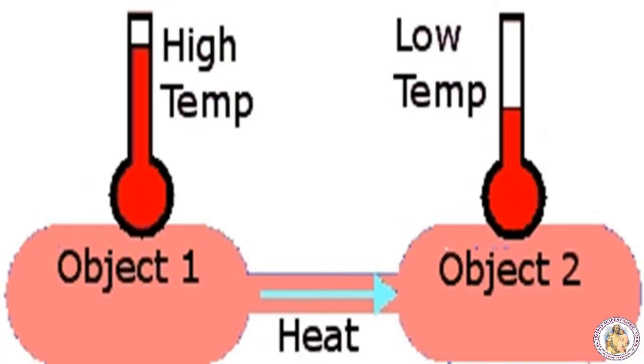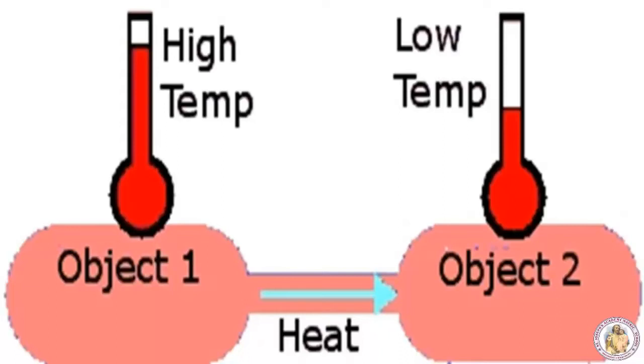In this figure, we have two objects, object 1 with high temperature and object 2 with low temperature. So when a hot object is in contact with a cold object, a form of energy flows from the hot object to the cold object, which is known as thermal energy.